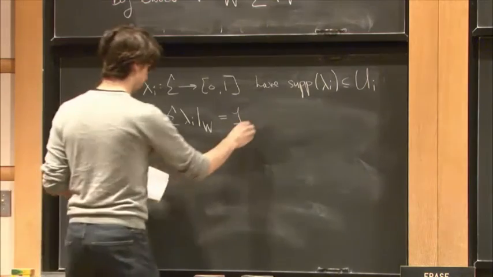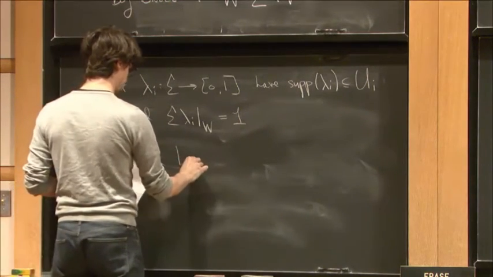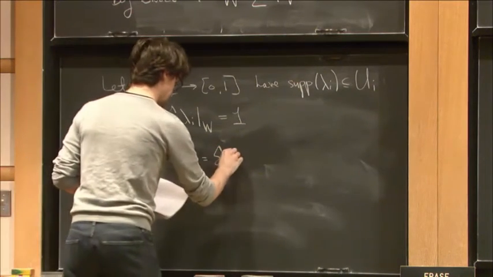And define L sub k to be the sum of the first k lambda i's.